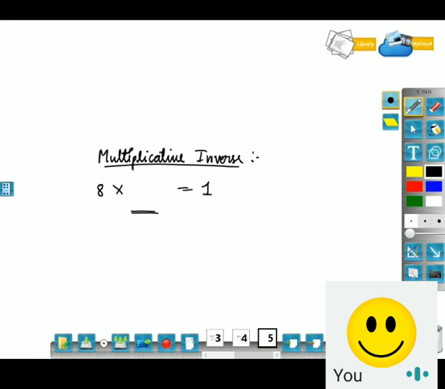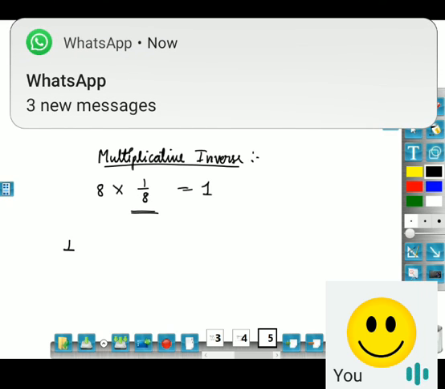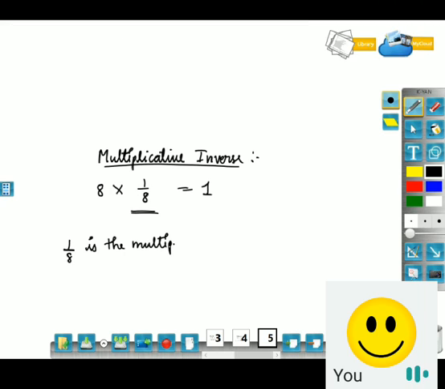It will be 1 by 8, because the 8s will get cancelled and you will be left with 1. So multiplicative inverse is nothing but, to a given number, the number by which you multiply to get 1. So 1 by 8 is the multiplicative inverse of 8.